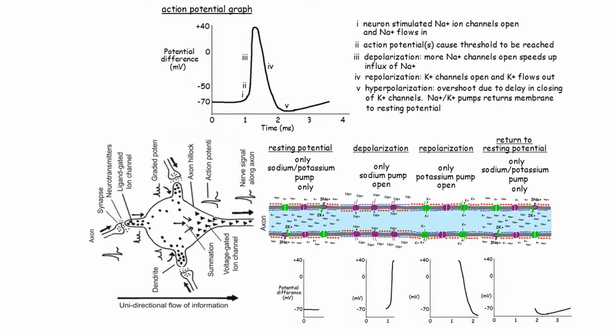Here we have to sum up the whole process of resting membrane potential and action potential. We said in neurons, the dendrites are receiving stimuli. So there are sodium channels on dendrites.